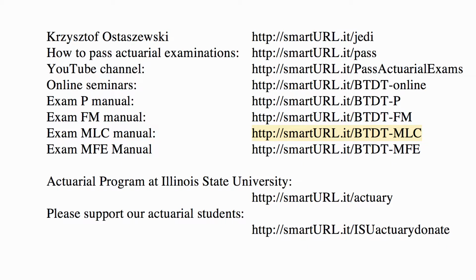BTDT stands for been there, done that. That's what you need to be able to say every time you look at a problem on an actuarial exam. And you need to know what to do to solve it immediately, because you only have 5 to 6 minutes per problem. If you're not prepared this way, then you're not prepared. You don't have time to think on the test. All the thinking has to be done before the test.